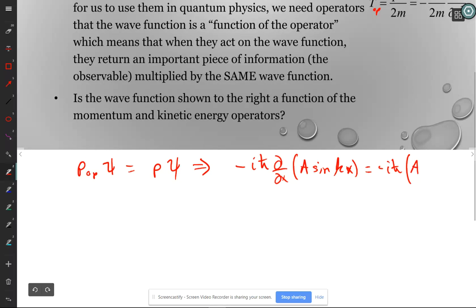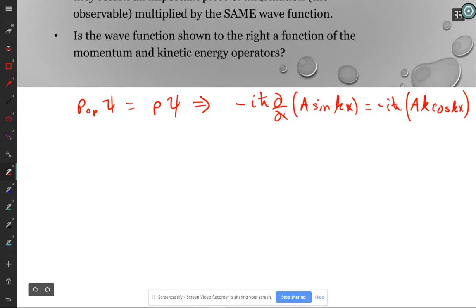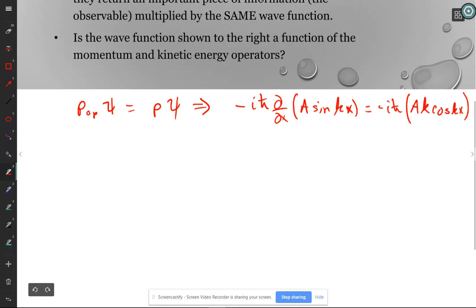Okay, we have to not forget the a times k cosine kx. So it's just bringing out all the constants into one thing, minus i h bar a k cos, oh, actually the a needs to stay with the function.